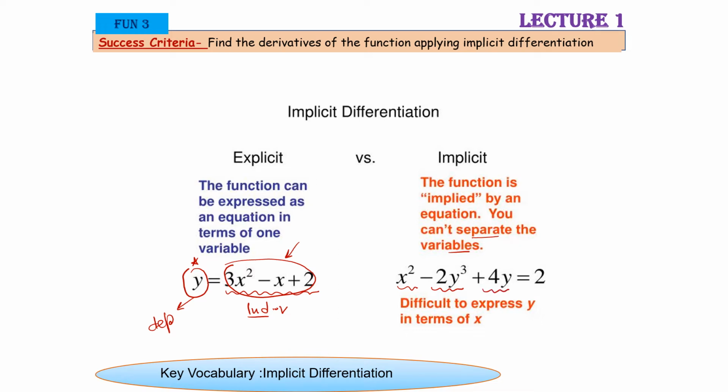On the right hand side there is a constant, but it can also be a variable. Now this kind of function is really very difficult to express in terms of x because of the different y expressions.